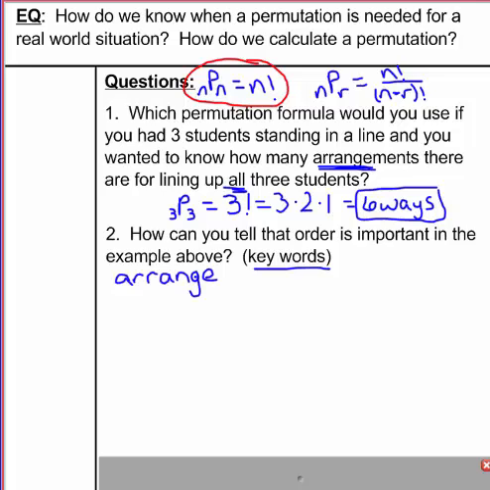Some other keywords might be first, second, third, so that you know there is an order, or different kinds of job duties, president, vice president, secretary, or any kind of phrases that indicate there is a certain order to the arrangements, different prizes awarded for different drawn numbers.